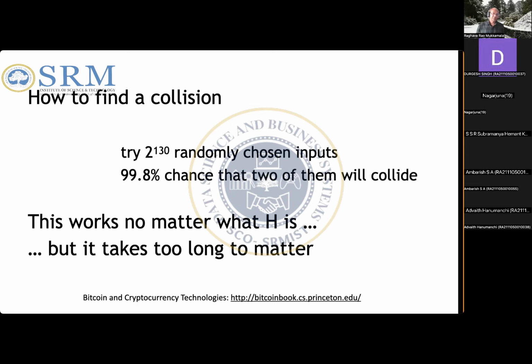Even then, we might not be able to produce a collision in, for example, 1 million years. So it is possible to get a collision, but the probability is very minimal. That's why we say it's not absolutely collision-free, but it's practically collision-free.